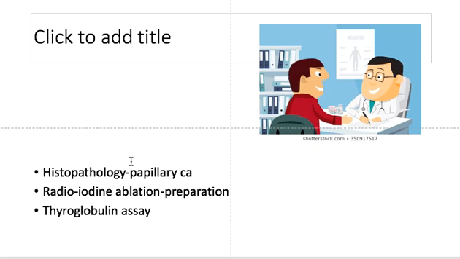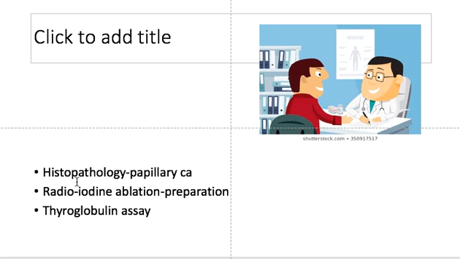But in some patients in whom all features are suggestive of more confined disease, there are some centers who do the radioisotope scan first and see whether there's any residual tissue and any mets, and then they do the radioiodine ablation. But in our country, the standard practice is everybody who undergoes a total thyroidectomy for differentiated cancer undergoes the radioiodine ablation.